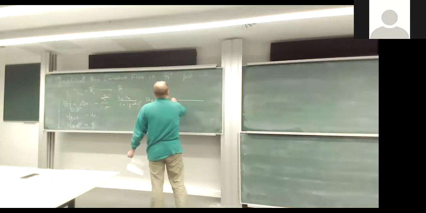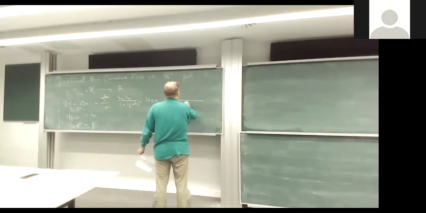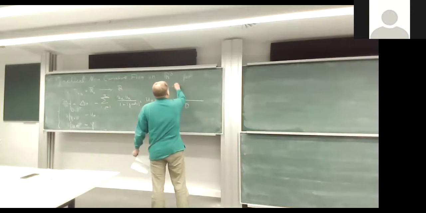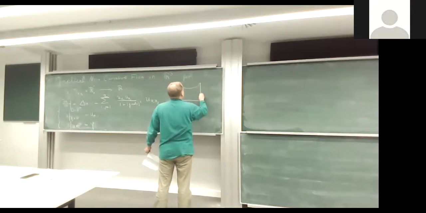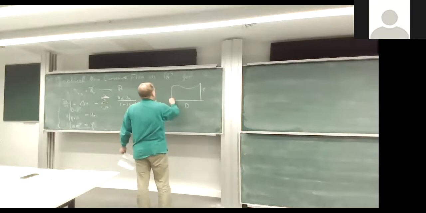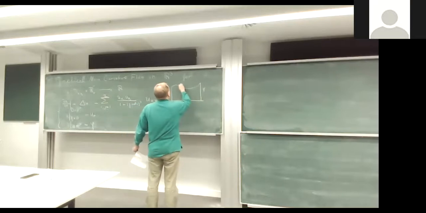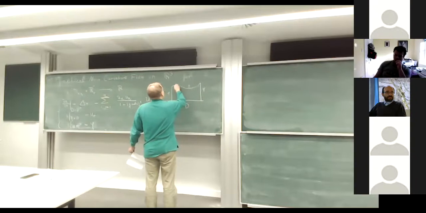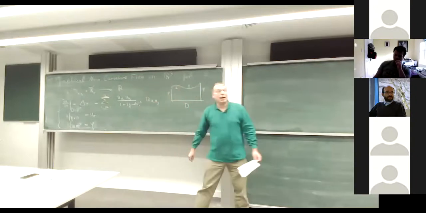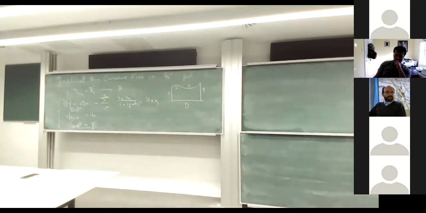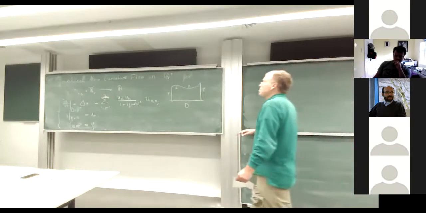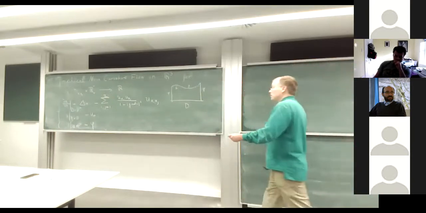Let D denote the domain in the plane. Then the graph with boundary values phi will flow by this right-hand side, which stands for the mean curvature of the graph in ambient space. We'll get to that later.